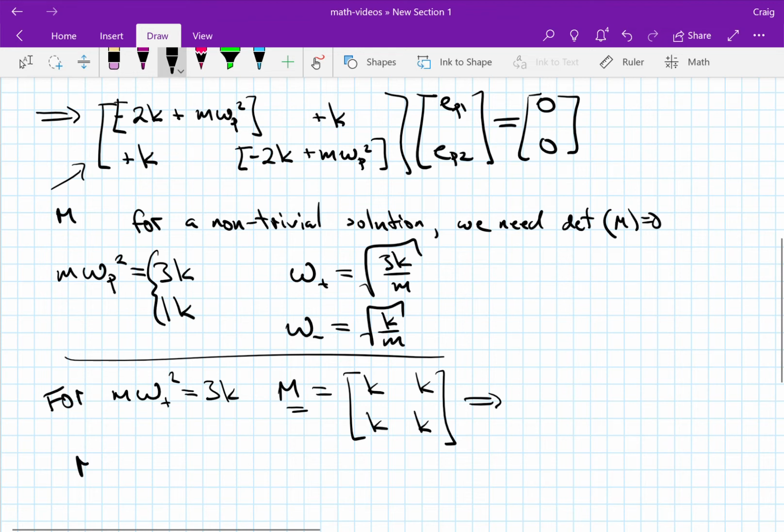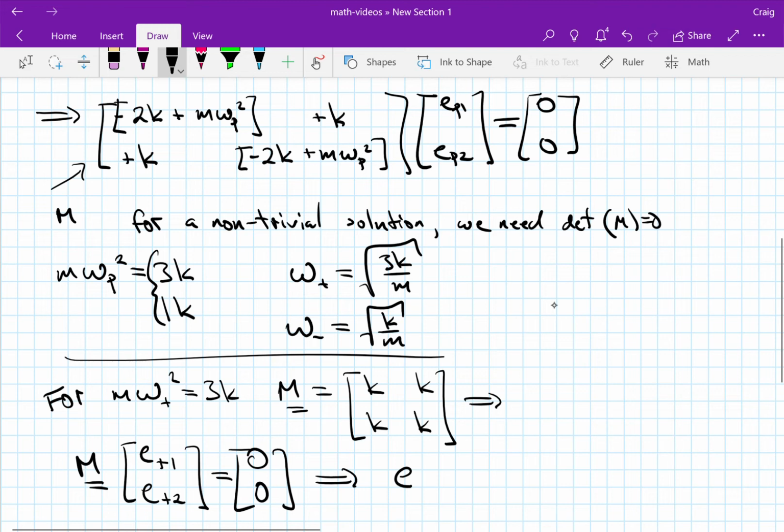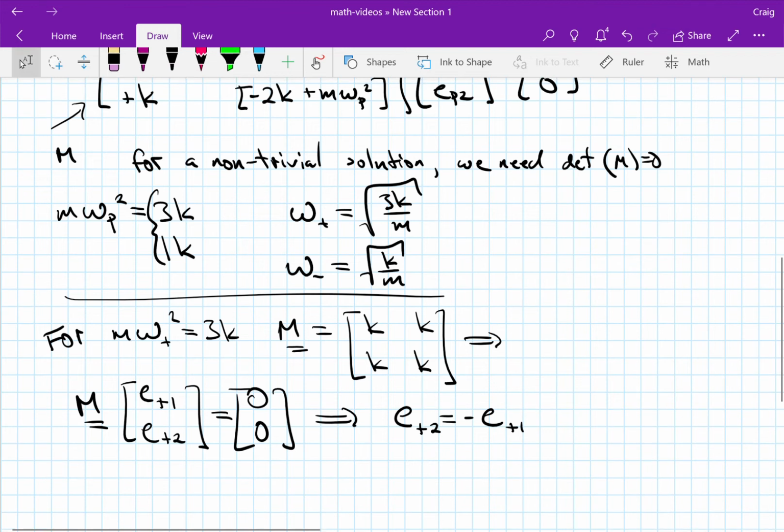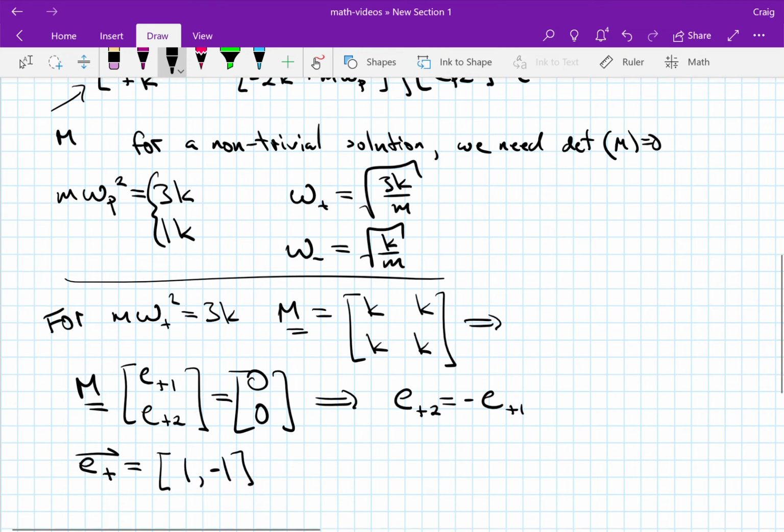We really need M on E plus 1, E plus 2, the plus eigenvector. The 1, 2 components have to be null vectors of that matrix M. That has to be 0. And so this immediately gives us that the number 2 component has to be equal to the negative of the number 1 component. And so we'll arbitrarily set the number 1 component to 1. And so the eigenvector associated with the bigger eigenvalue is going to be 1, minus 1, the antisymmetric mode.